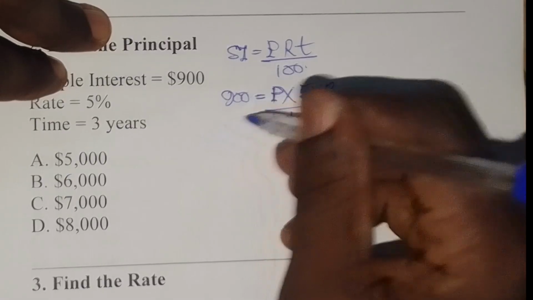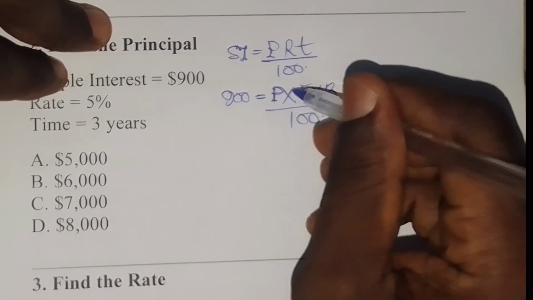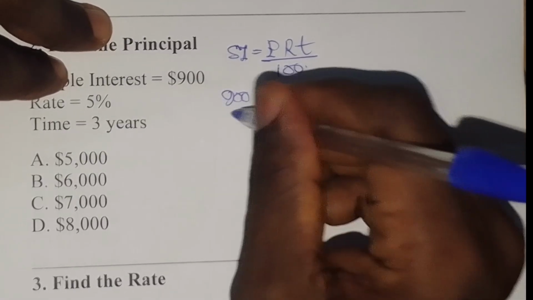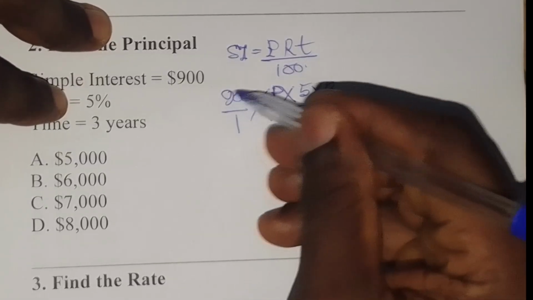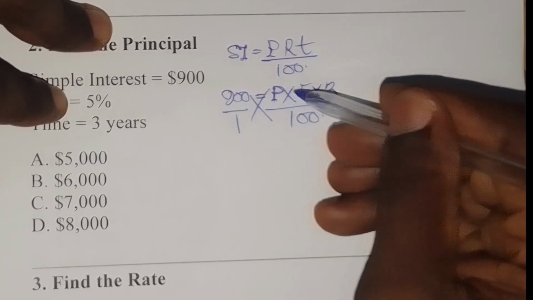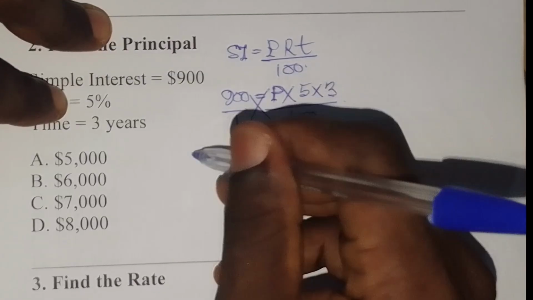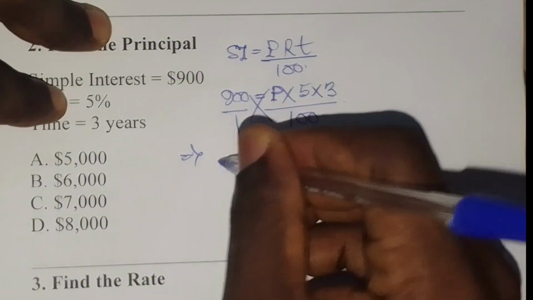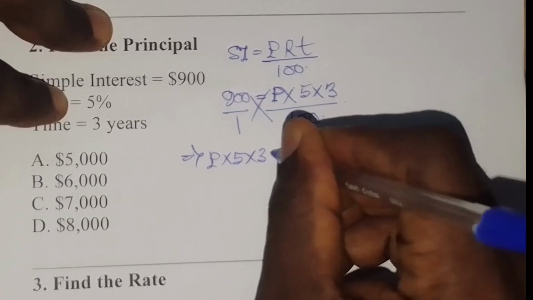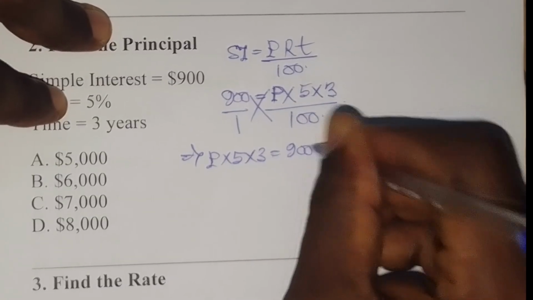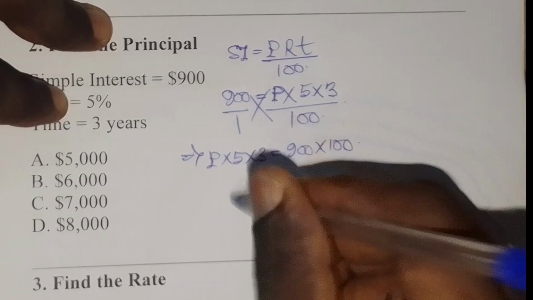To bring it to the left hand side, because the unknown has to go to the left hand side, we cross multiply. So it will become 900 times 100, and the whole of this multiplied by 1. So this becomes P times 5 times 3 is equal to 900 times 100.